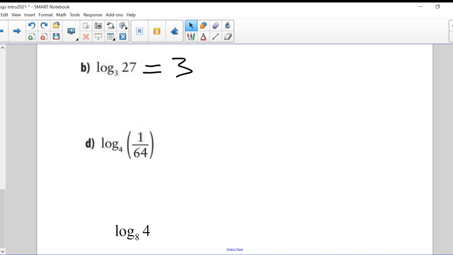I'll give you a typical example of how a log could help you to solve an actual, everyday situation. You are sitting with your financial planner, and he says that the current interest rates are about 5%. I'm just pulling a number out of the sky, right? And you're asking him, well, at the 5% that I'm working with right now, how long will it take me to double my money?